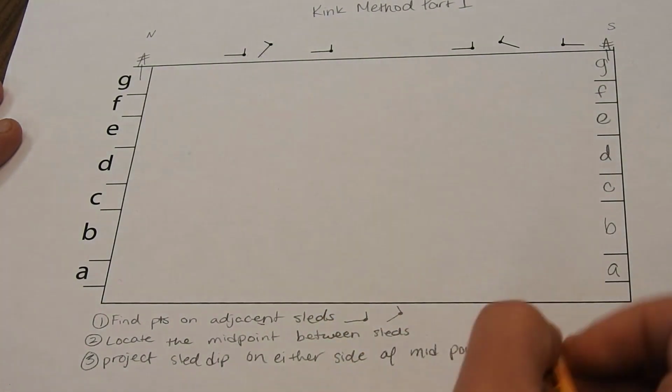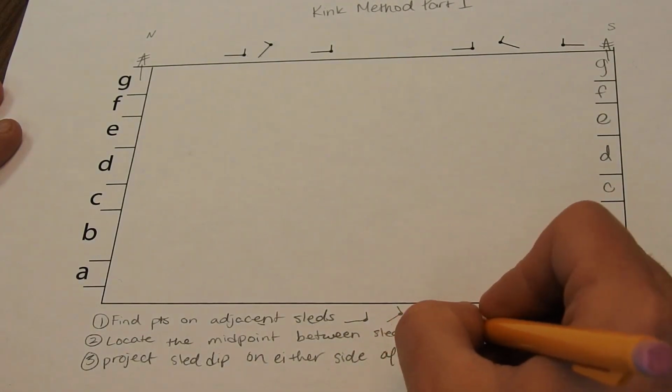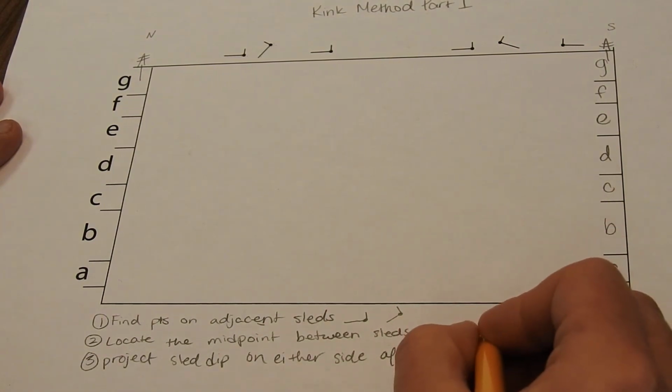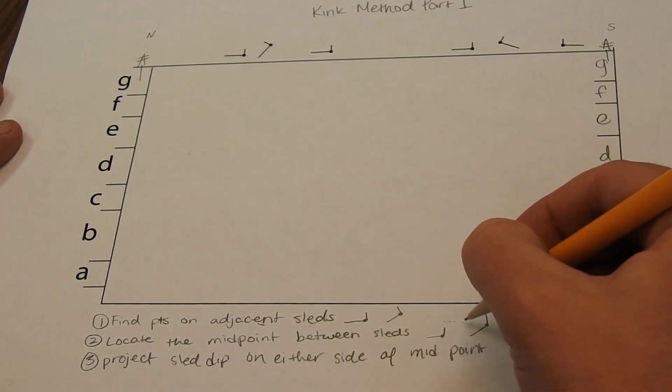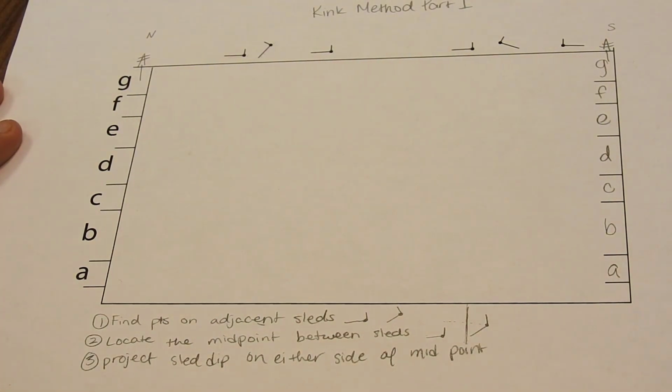We're going to locate the midpoint between the sleds. So here's this one, here's that one. So from this point to this point, the midpoint might be about right here. So we have this middle line between the sleds.